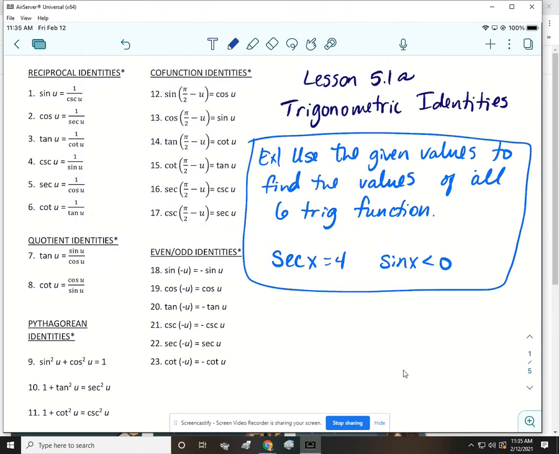So now we're going to start finding things. All right, so if I know what the secant is, I already know what the cosine is because the cosine of x is the reciprocal of the secant. So 1/4. Okay. And then once I know the cosine, I can use this identity number 9 to find the sine.